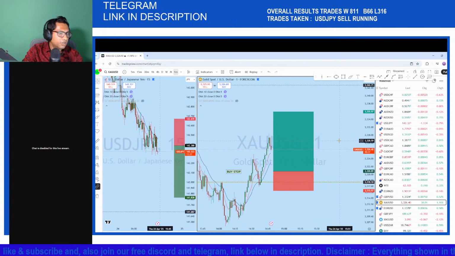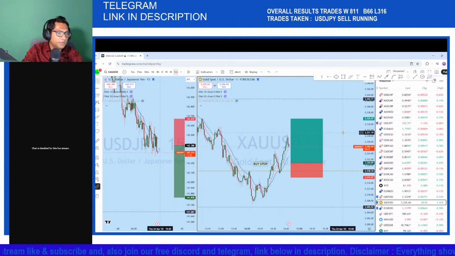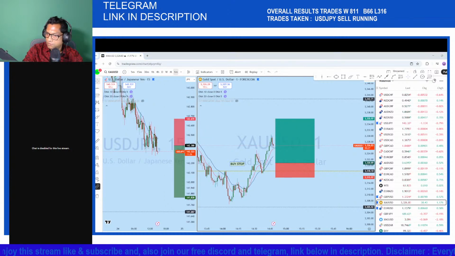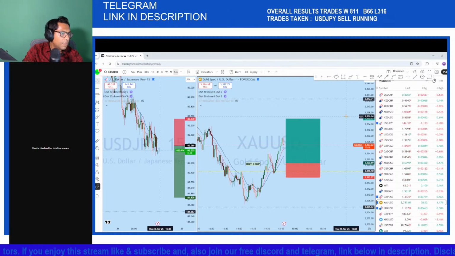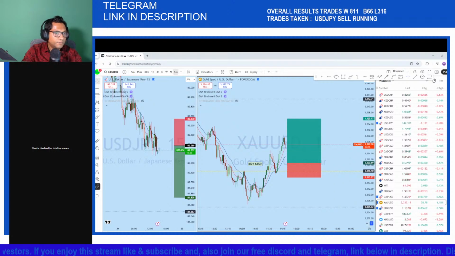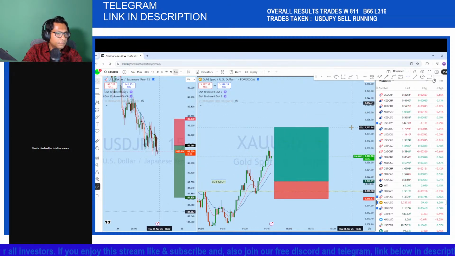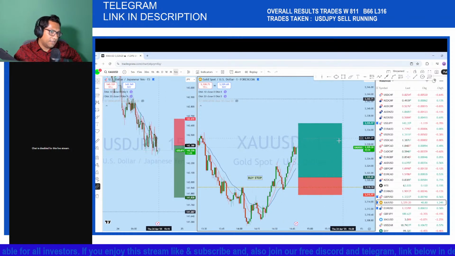I'd like to see a trend continuation here, and we can see from this support it's getting that reaction.